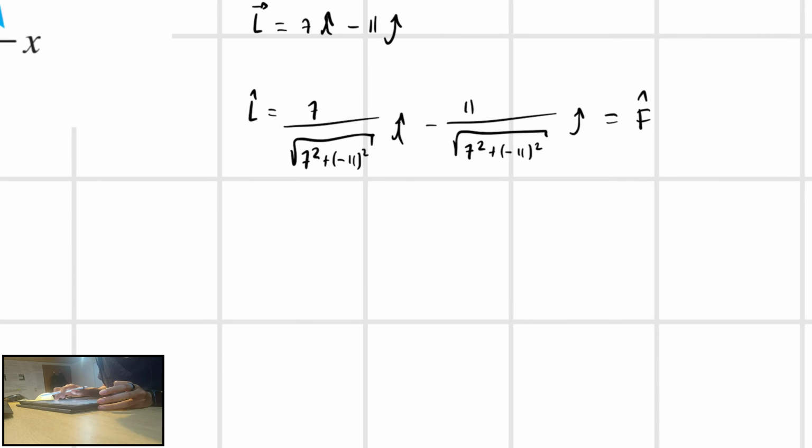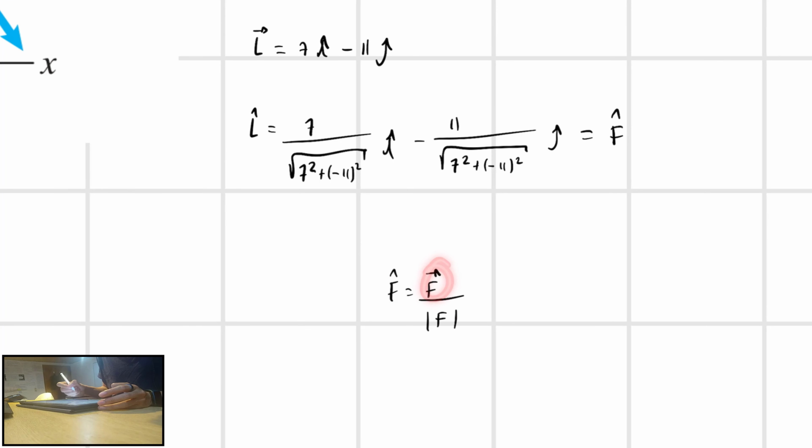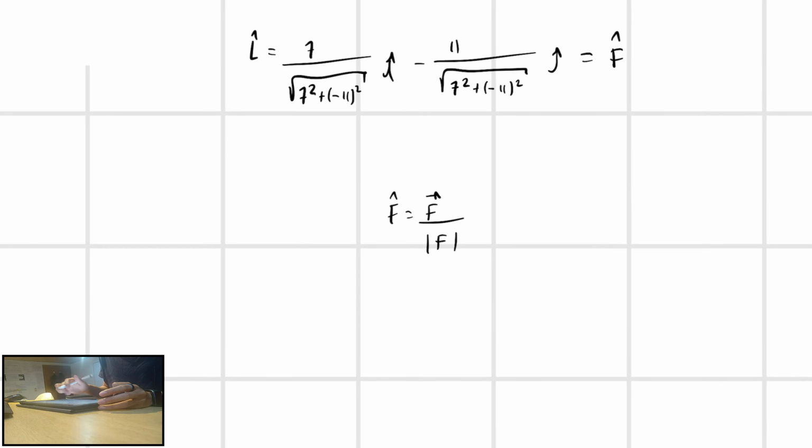The unit vector of F is given by the vector divided by its magnitude. So if I have the unit vector and the magnitude, I should be able to find the components of the vector, because the vector is equal to the unit vector multiplied by the magnitude.